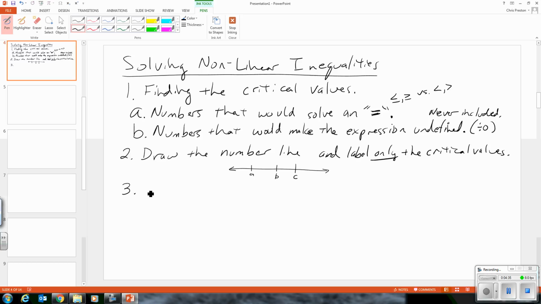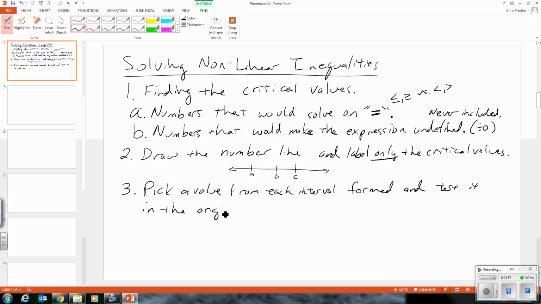So on step 4, pick a value from each interval formed and test it in the original expression.